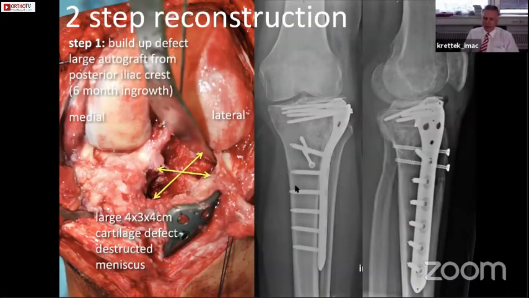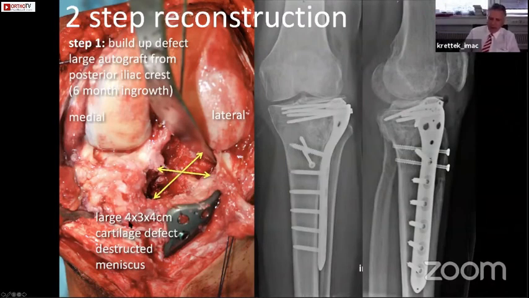So Irmgard has this large defect, and step number 1 of the 2-step reconstruction was to build up the defect with a large autograft from the posterior iliac crest and let it go for 6 months to have ingrowth. And we overstuffed it in order to really fill the defect.